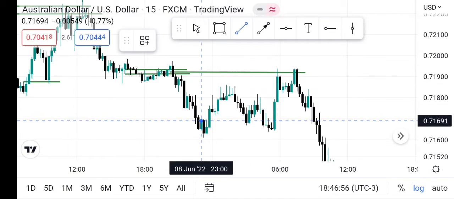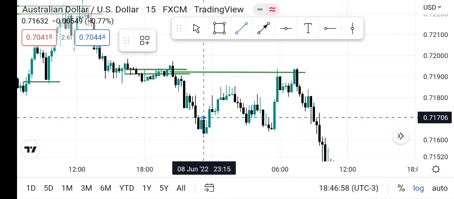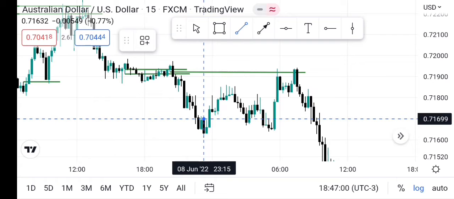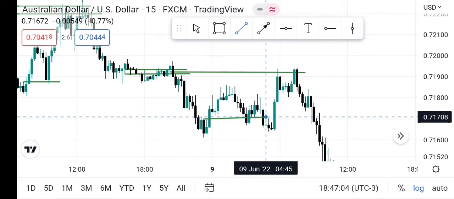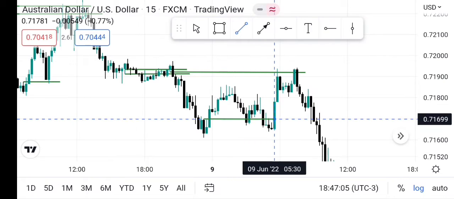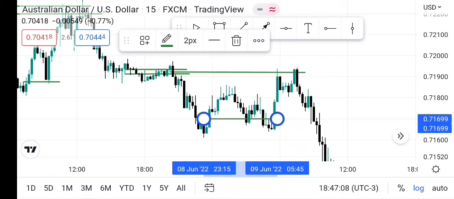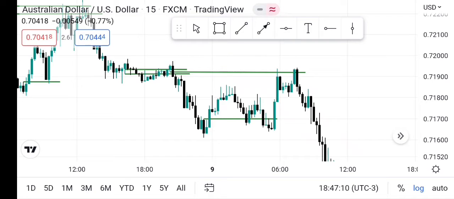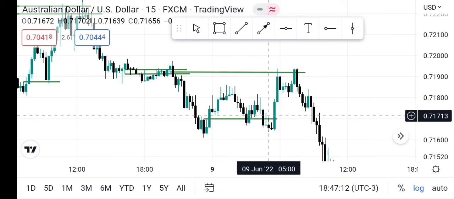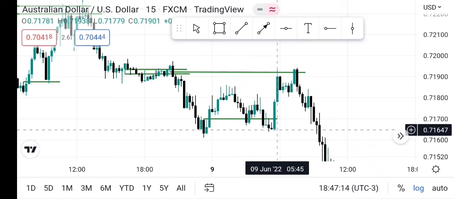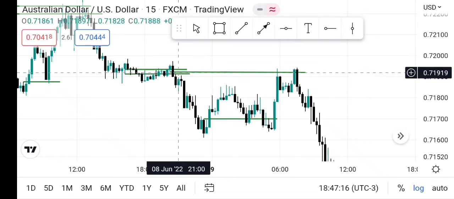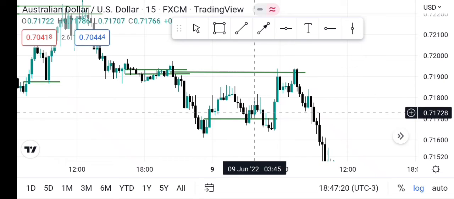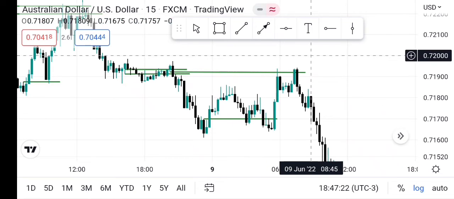Take the high of the candle that forms the swing low. You take the high and then you draw it out. See how price reacted to that zone. Now someone can be a buyer from here up to this zone right there. Okay, look at it. And then boom.